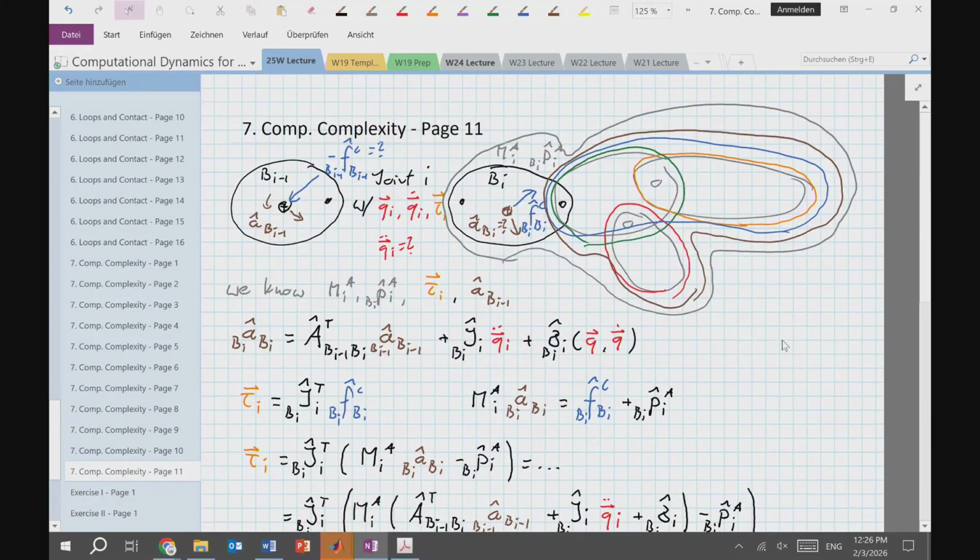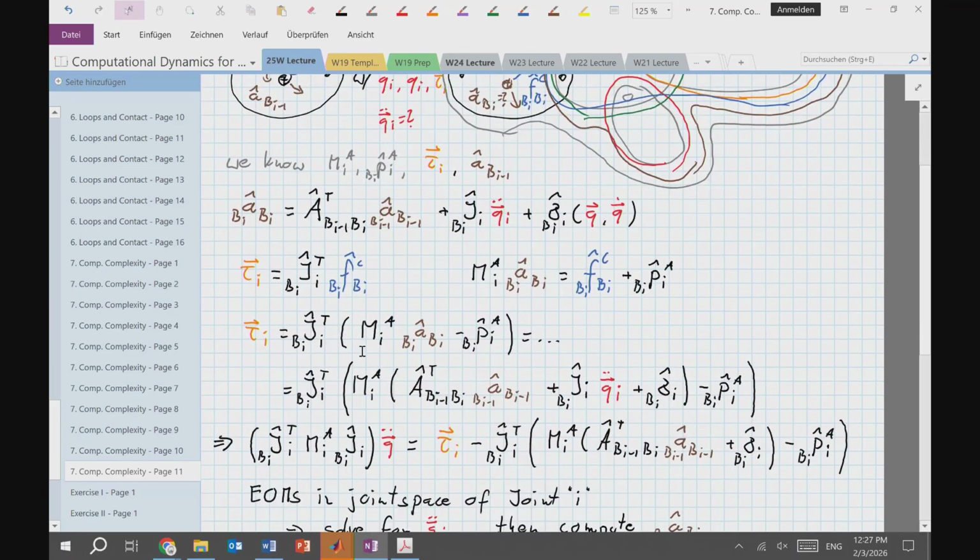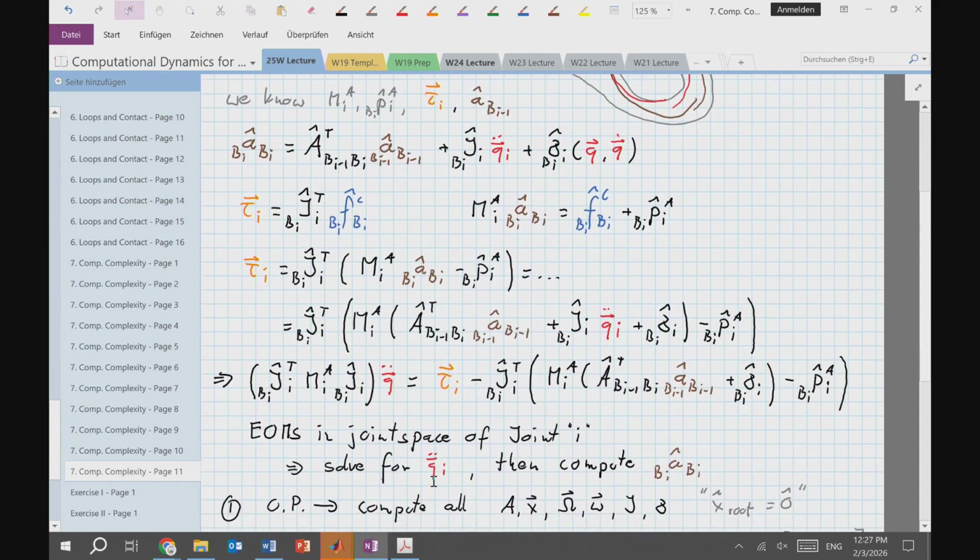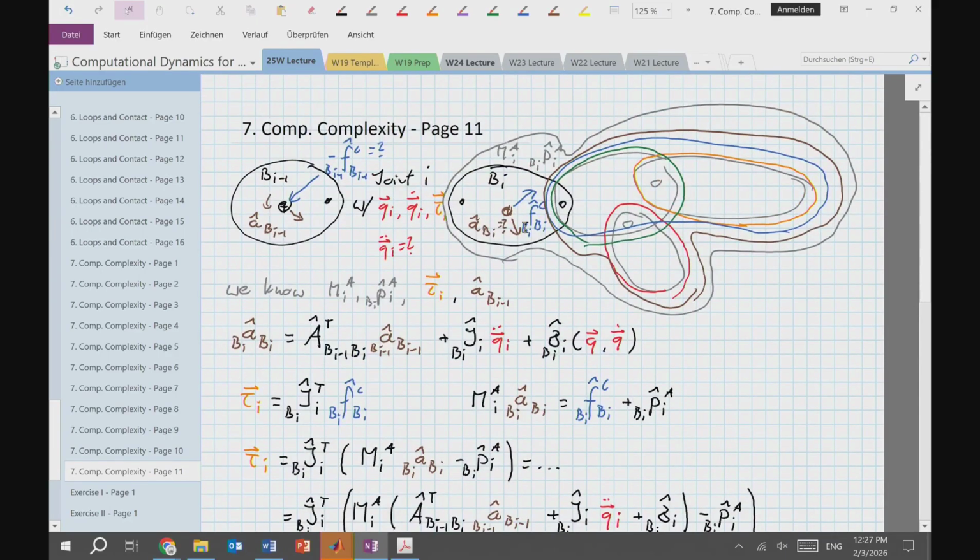This is this idea that I just sketched out. I know the acceleration of root. I know the articulated inertia of the thing that is attached to root through joint I. I know the joint torques at joint tau I. And I can use these equations to first compute qi double dot. And once I know qi double dot, I can compute the acceleration of the successor.